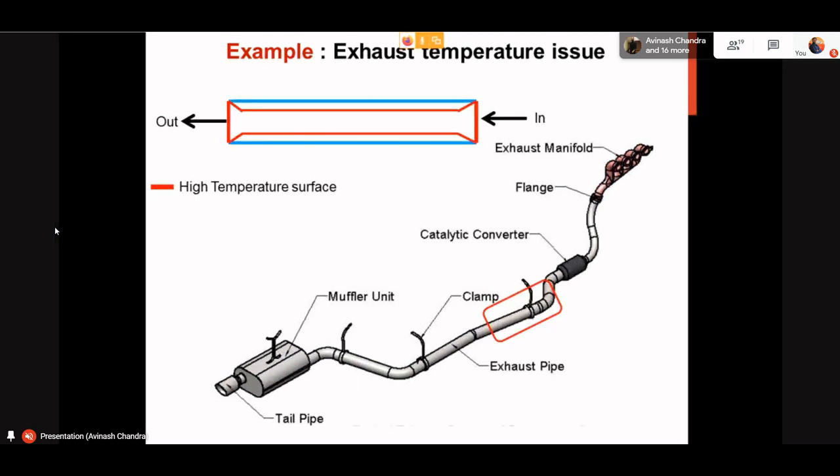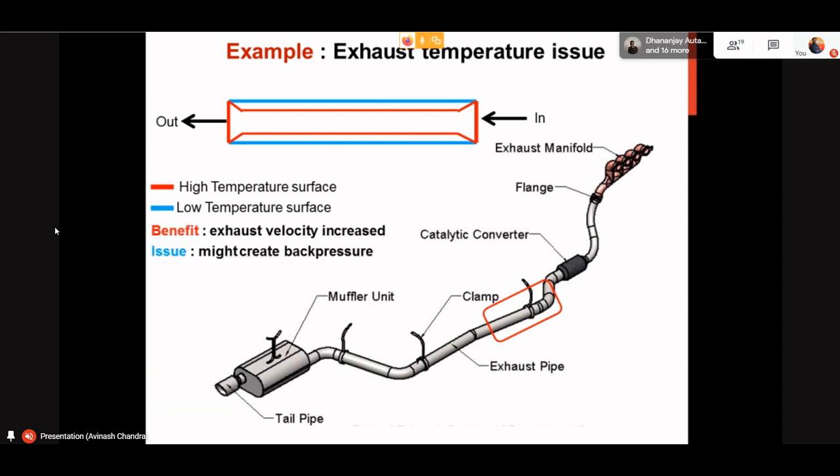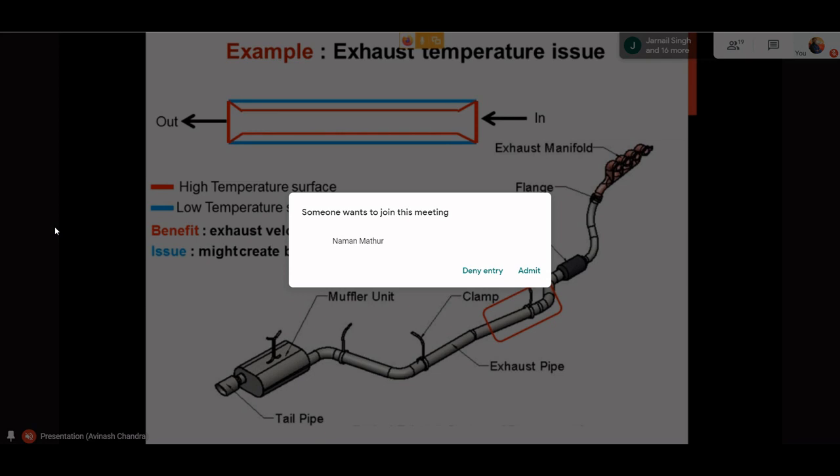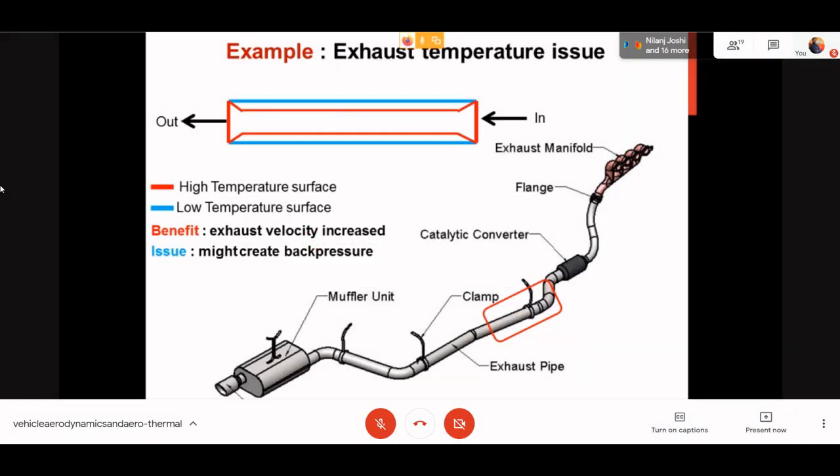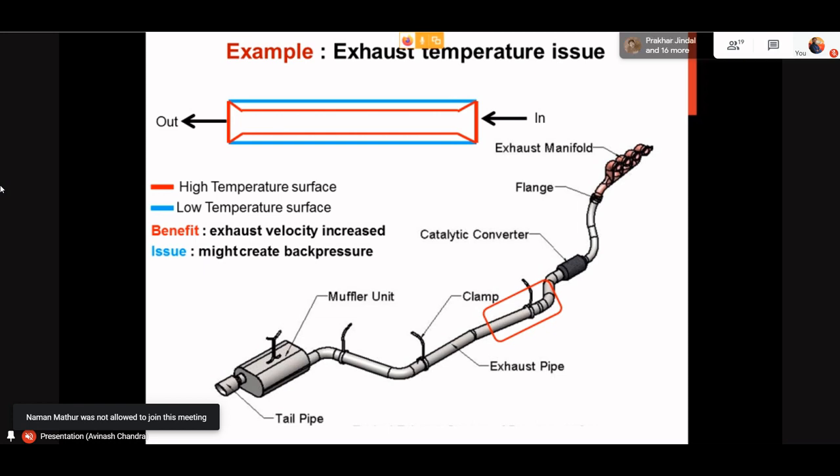We allow the exhaust only to go through the black pipes, not the red pipes, and there will be an insulation between the red and the black pipes. So there will be a gap between these two surfaces, and there will not be direct conduction happening between this pipe and that pipe. That can lower down the temperature, but it might have other effects also.